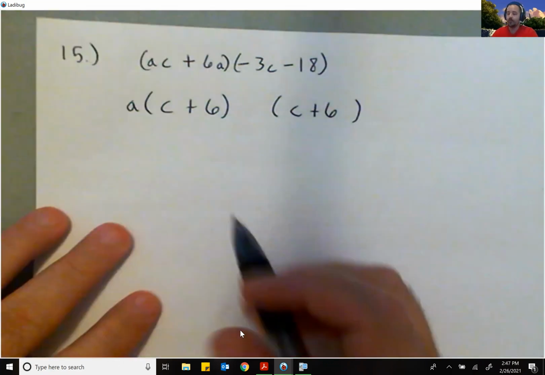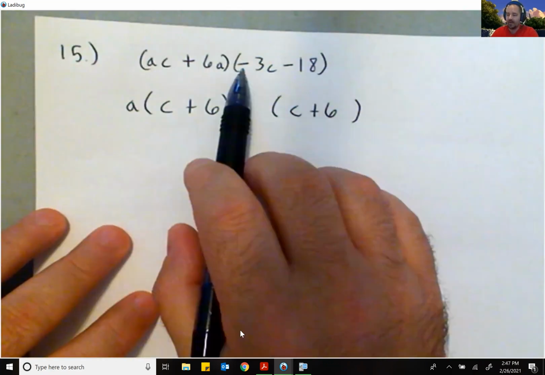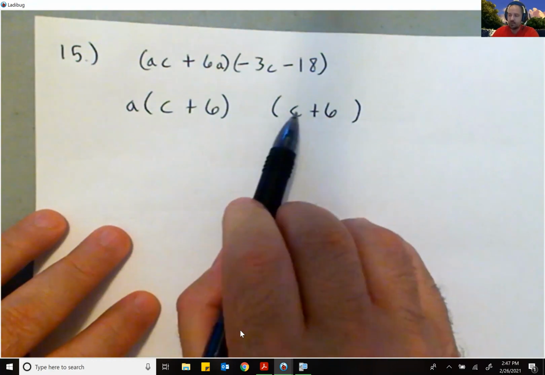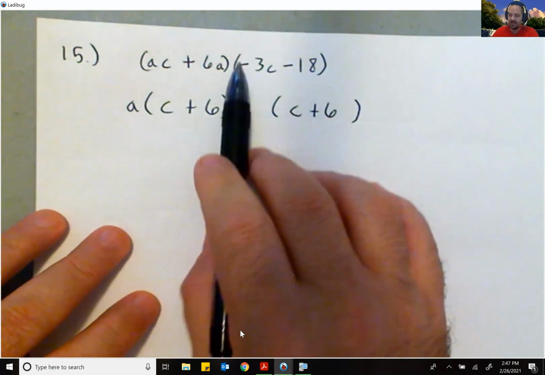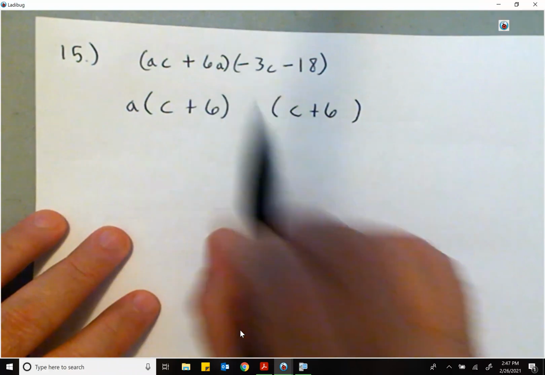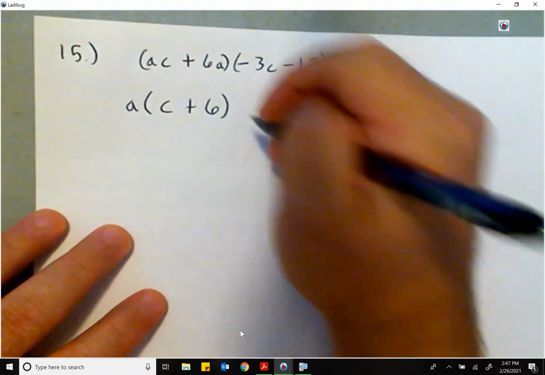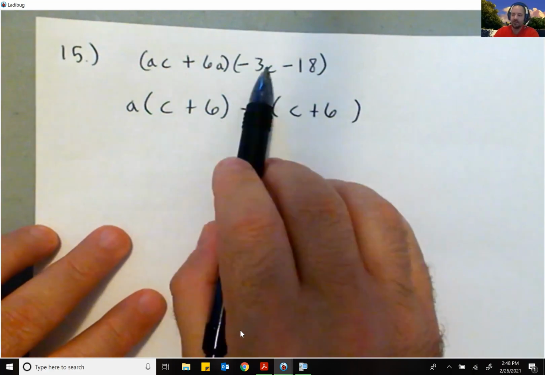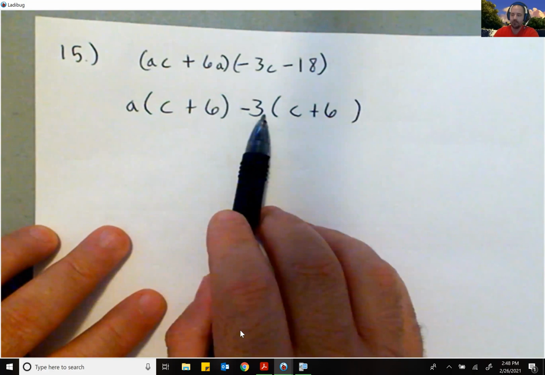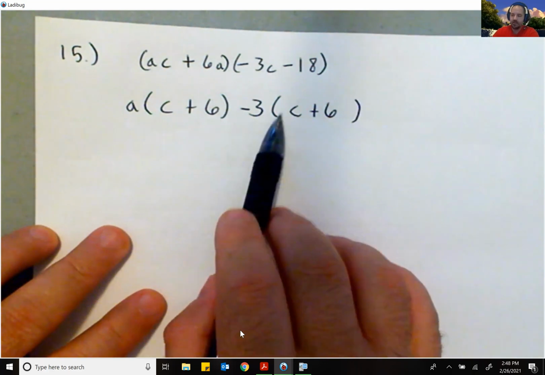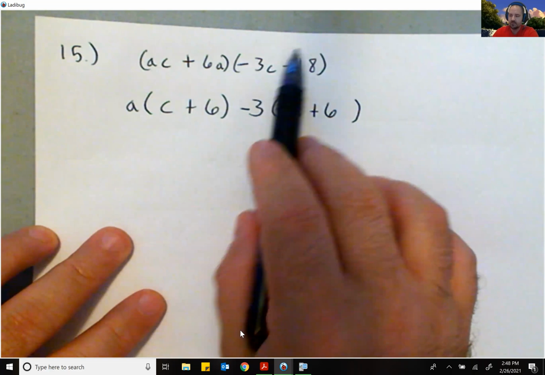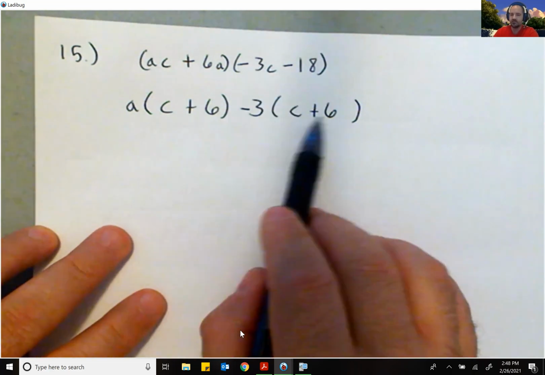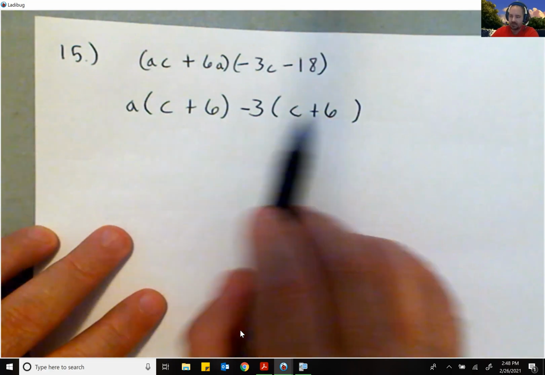So what times C will get us back to a -3C? -3. So that's the GCF that should come out of this, because -3 divided by -3 is 1, and there's a 1 there. -18 divided by a -3 is a +6. See, it matches.